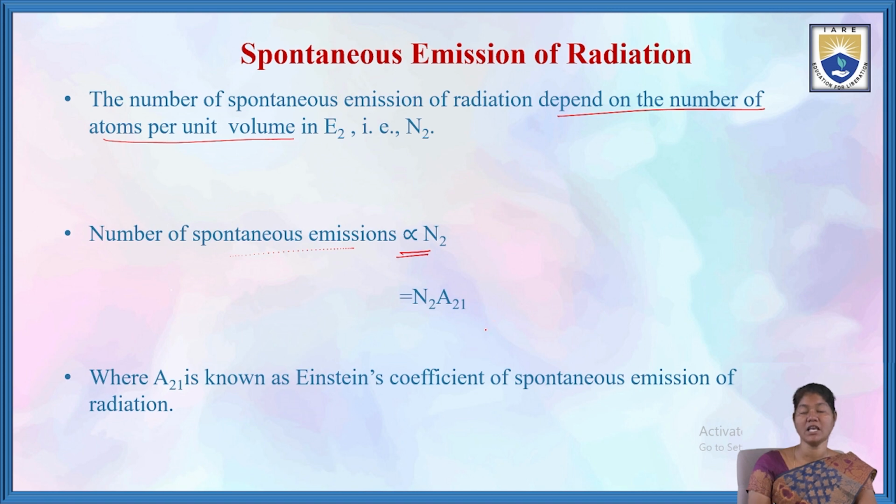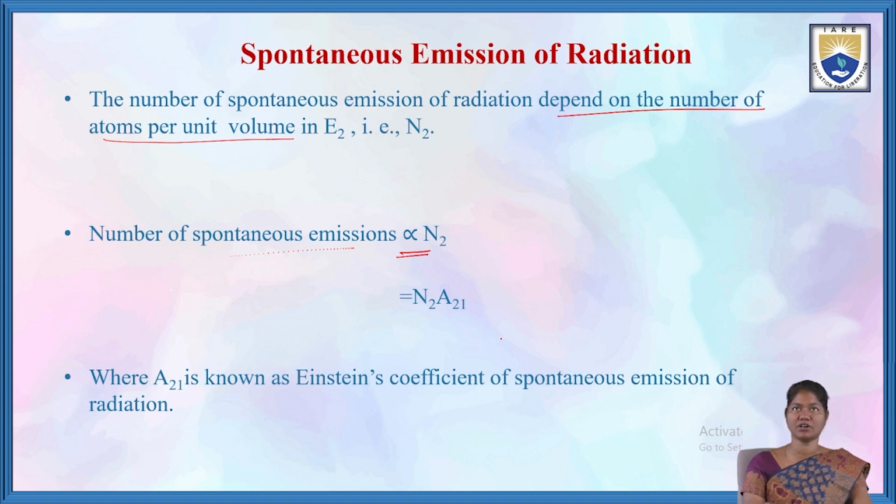It means that here the atom is not being stimulated by any other incident radiation. The atom which is at the excited energy state by itself transits to the lower energy level after the lifetime of the atom.